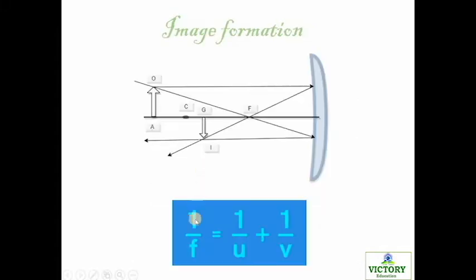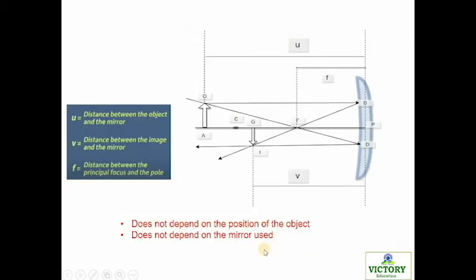The mirror equation is 1/F = 1/U + 1/V, where U is the distance between the object and the mirror, V is the distance between the image and the mirror, and F is the distance between the focus point and the pole. You want to understand what U, V and F are.